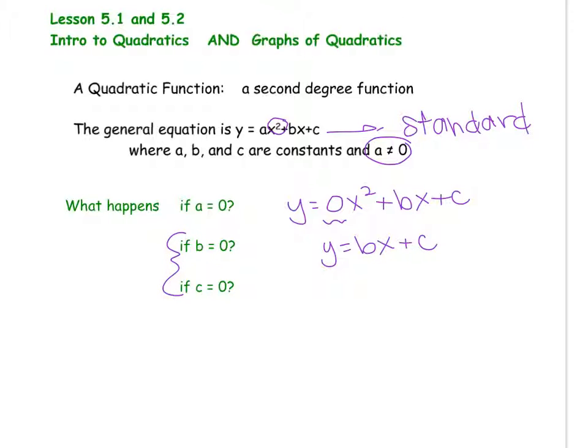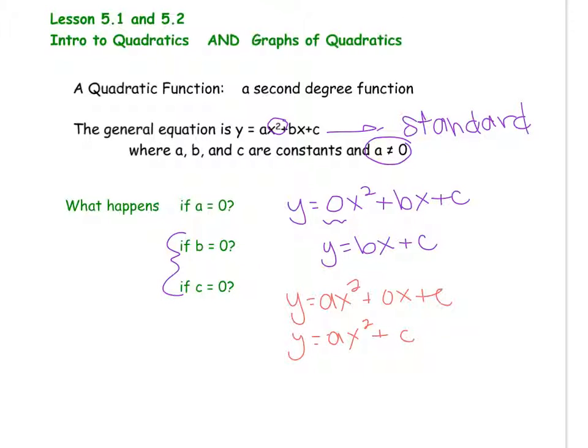For these two pieces, these are helpful, particularly if you're graphing. So if you look at y equals ax squared plus 0x plus c, that c actually represents the y-intercept of your graph. Sorry, that's not supposed to be a plus, it's supposed to be an equals.